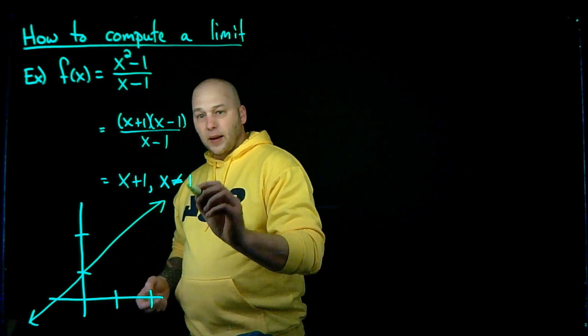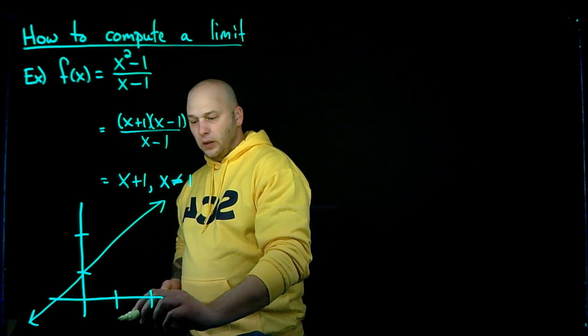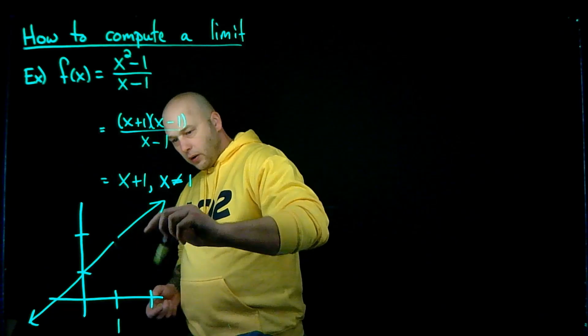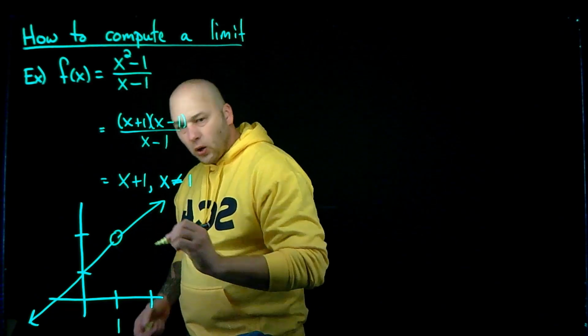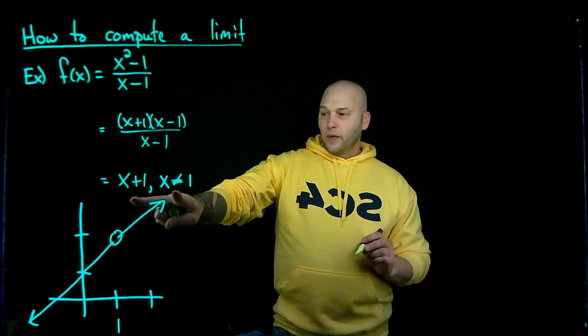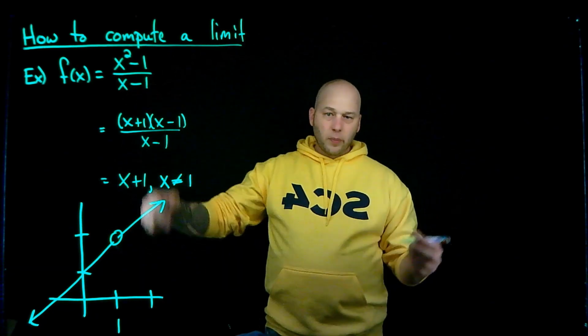Remember I said x equal to 1 must be excluded, so when x is 1, I have to go up to that point in the graph and punch a hole in it. So therefore, this function expression represents the same graph.